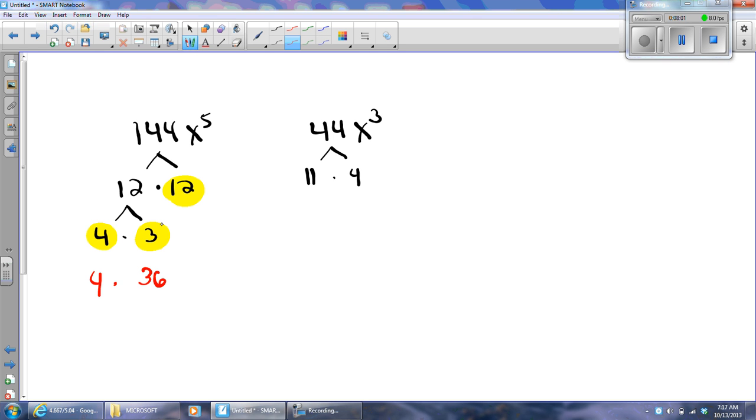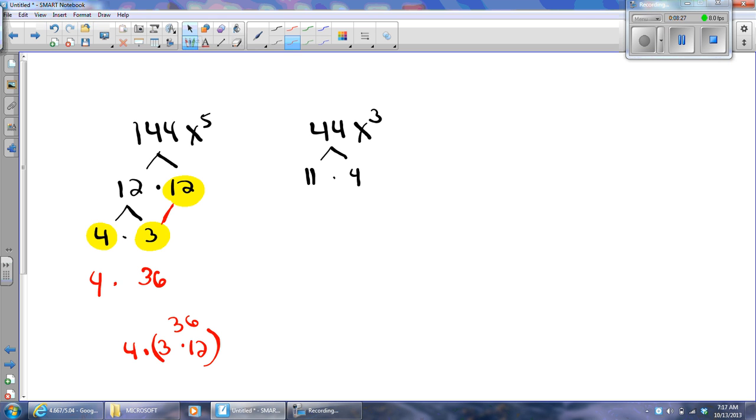How did I get it? 12 times 3. You see, you know that 4 times 3 times 12 is 144 because we broke it down in the factor tree up above. I can mix and match these in different ways. I can multiply these 2 first, get 36. Therefore, 4 times 36 is 144.